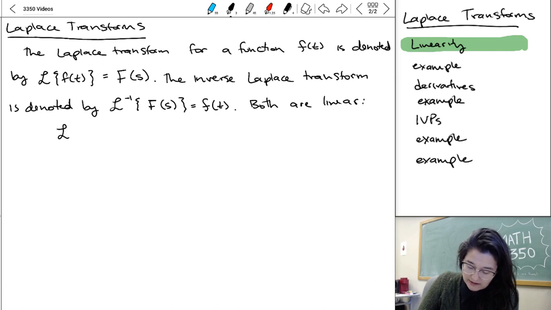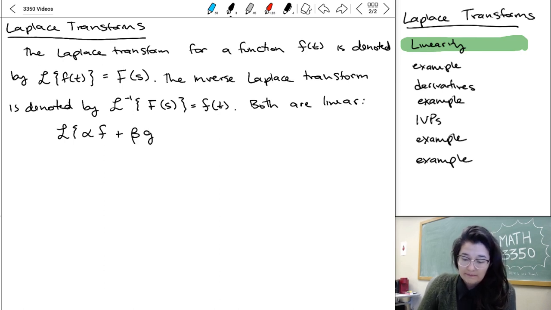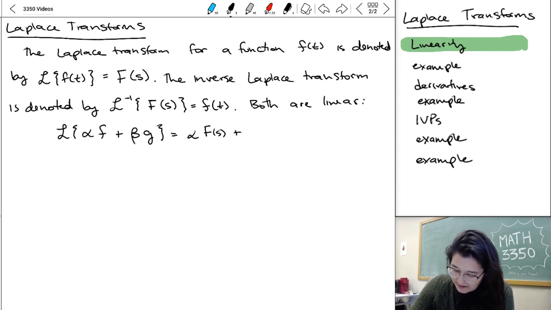So if you want to take L of some number alpha times f plus some number beta times g, where f and g are both functions, then the output of that is going to be alpha times capital F, as if you took the Laplace transform of little f, plus beta times capital G, as if you took the Laplace transform of little g.